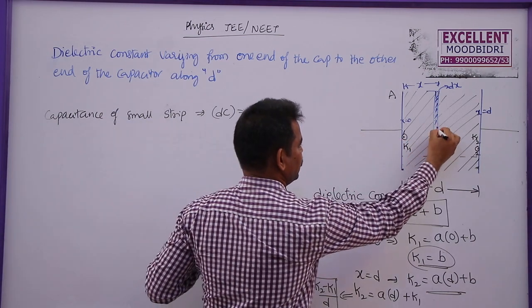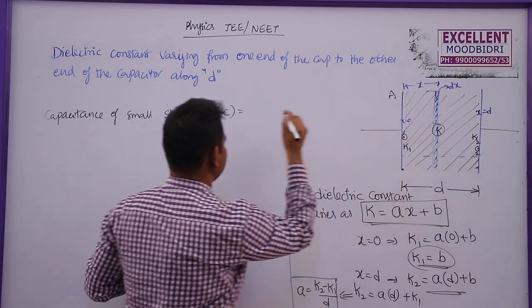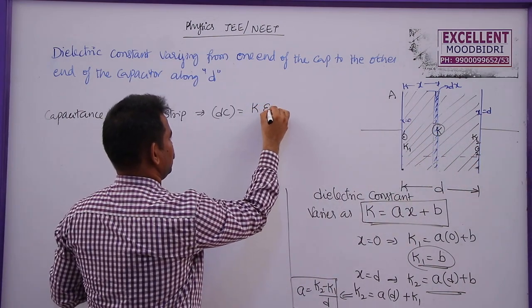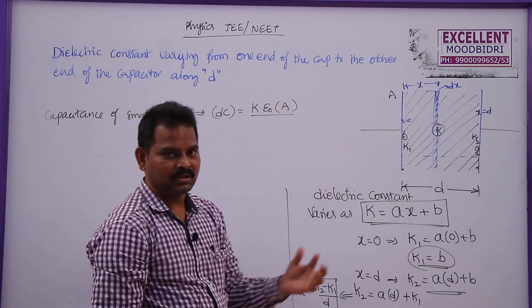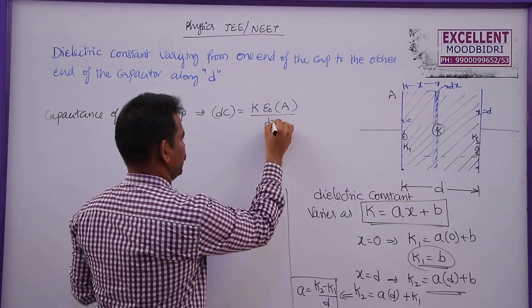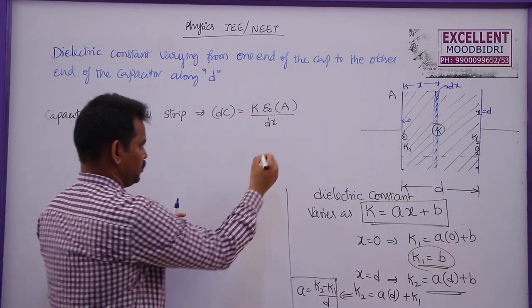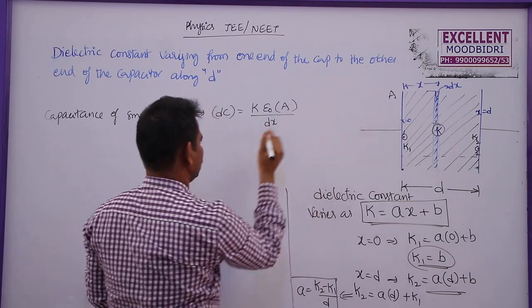We don't know, so let us say this is K. Here K1, here K2. So dC is K epsilon naught A by, what is the thickness here? This is nothing but dx. So let me take this as equation 1.